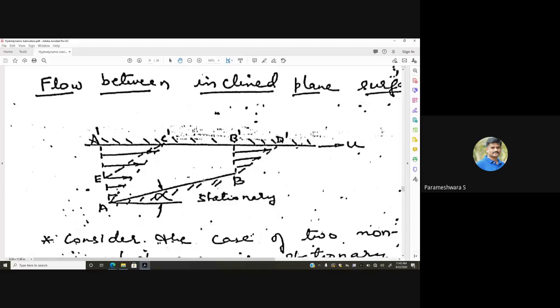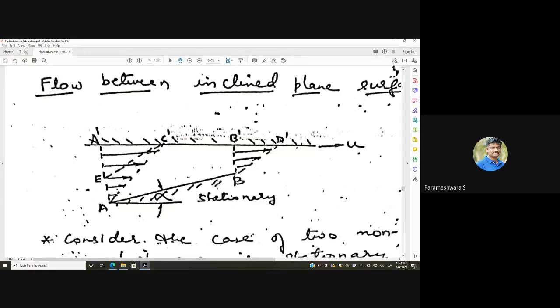The excess oil gets squeezed through A dash and B dash, producing constant pressure-induced flow through these sections. And this is the mechanism.